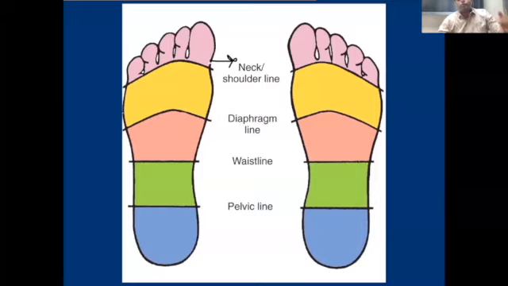This is division number 1, and it is a very easy division. We can do it very nicely, without any discomfort, because as soon as our toes end, we have to draw this line. That is called the neck line or the shoulder line.